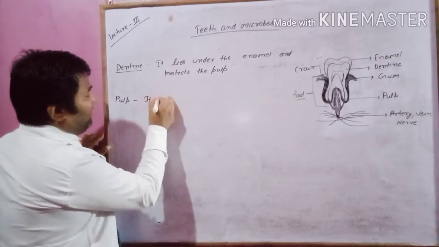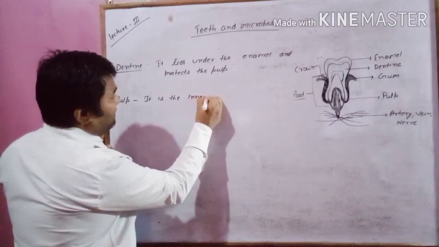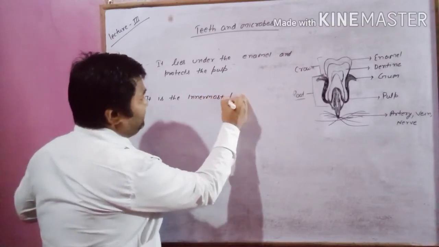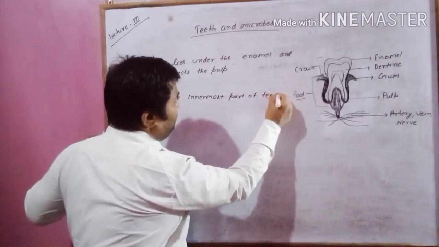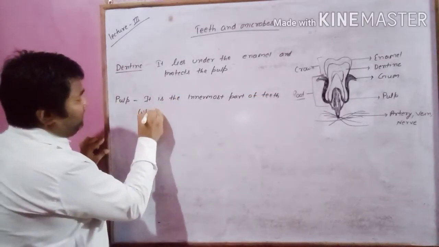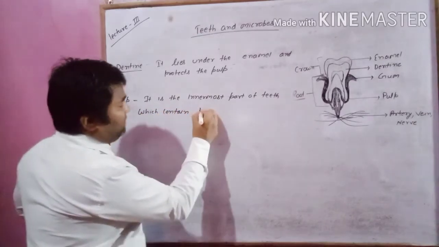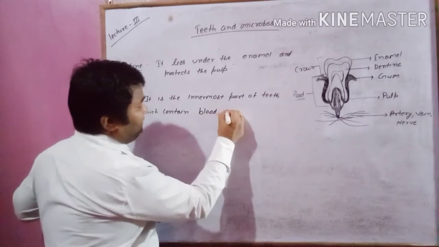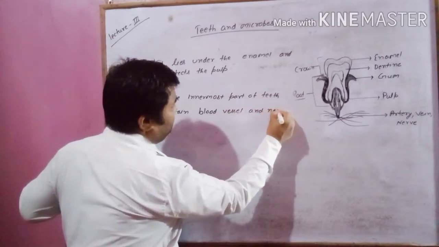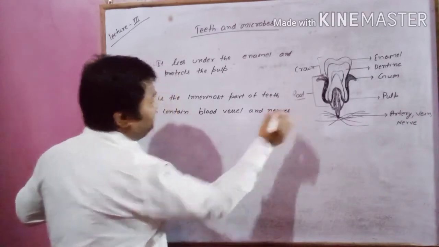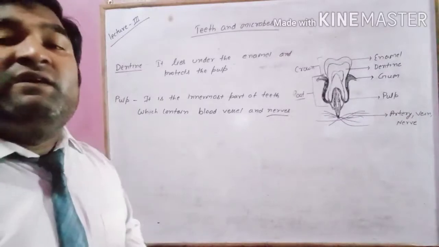So it is the innermost part of teeth which contains blood vessels and nerves. So these are the three parts of the teeth.